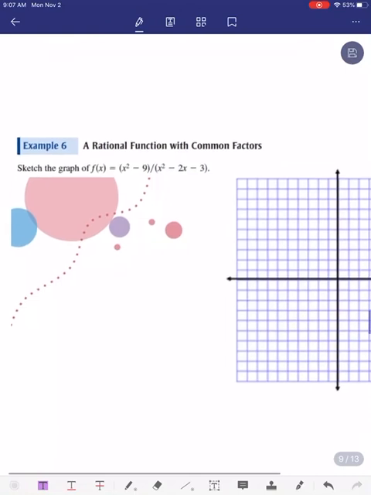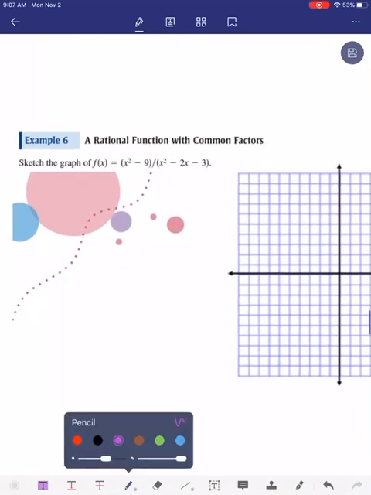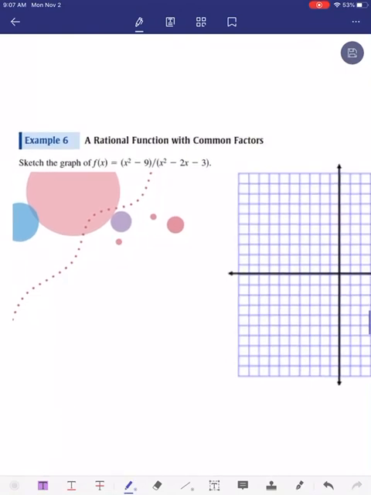Alright, so let's look at another example. So this time we have f of x equals x squared minus 9 divided by x squared minus 2x minus 3. So our first step, remember, is to factor. And in this case, we can factor. So hopefully we see that my numerator can be factored to x minus 3 times x plus 3, because it is a difference of squares.